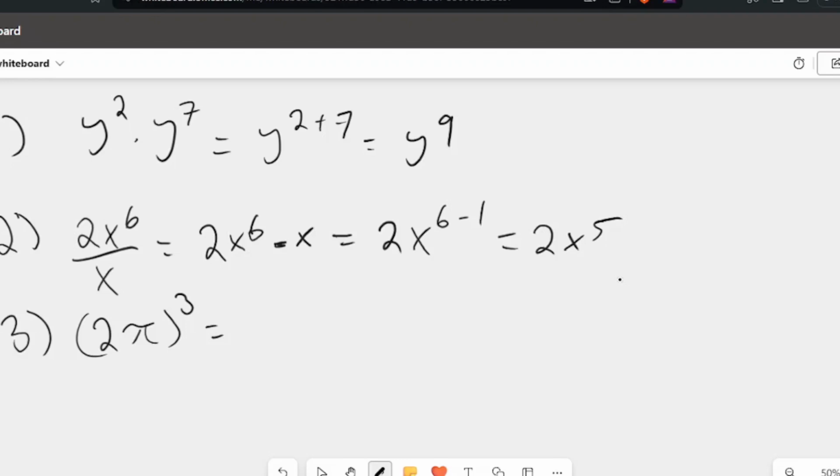Now, we're going to associate this with each member, so the base by the scalar. 2 to the power of 3 would be 8, so 2 times 2 times 2.